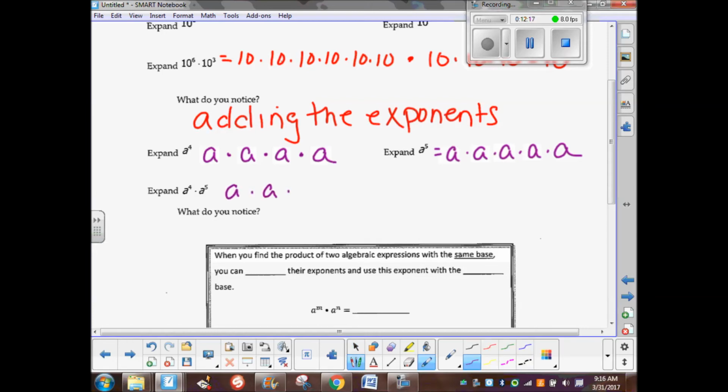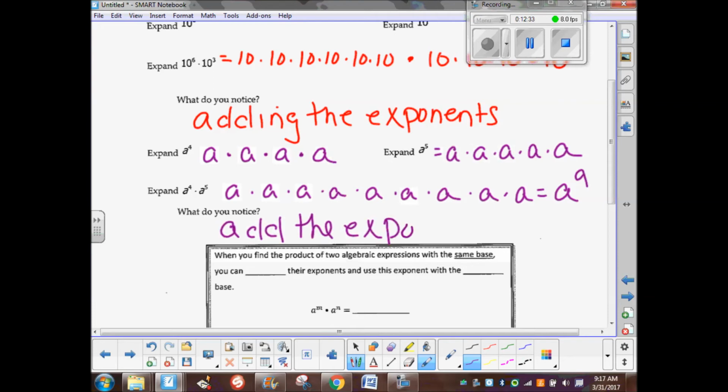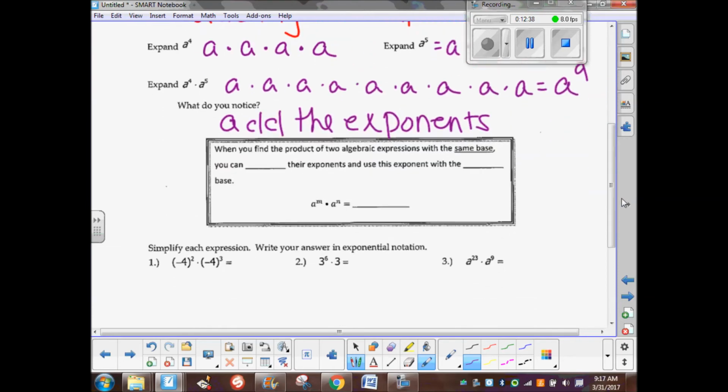So, 4 of those guys, 5 more, gives me A to the 9th. Again, what did we do? Add the exponents. Nothing earth-shattering, right? So it says, when you find the product of 2 algebraic expressions with the same base, notice we had A here and A here.